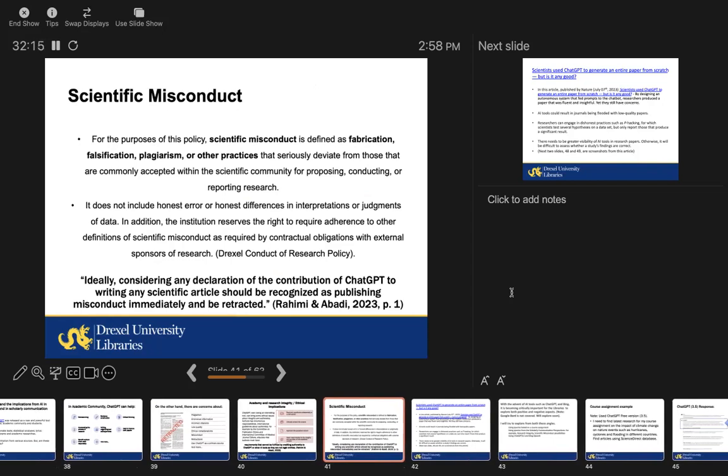We already talked about this in detail. And this is a paragraph from the same paper and also from the Office of Drexel's Conduct of Research Policy. Considering any declaration of the contribution of ChatGPT to writing scientific articles should be recognized as publishing misconduct immediately and can be retracted.